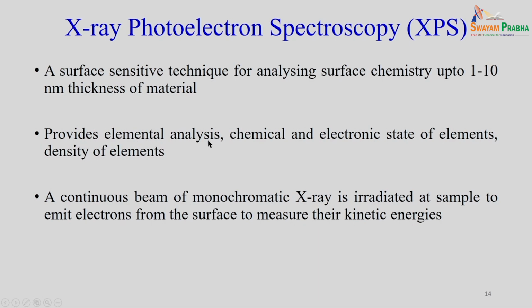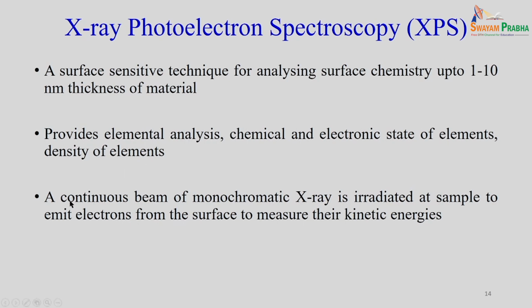It provides elemental analysis, the chemical and electronic state of elements, and also the density of elements. So, XPS is a very important technique, particularly to precisely analyze these elements, chemical functional groups, different bonds, and also the density of elements.